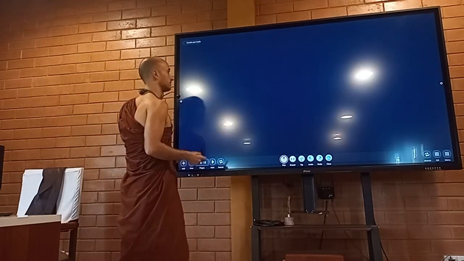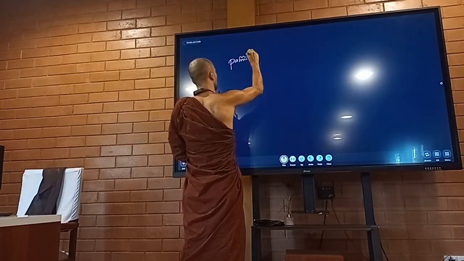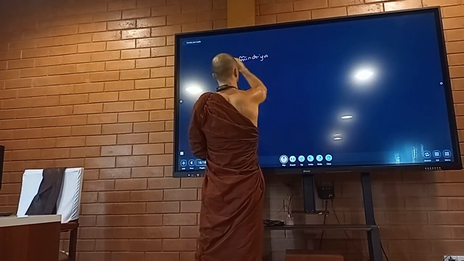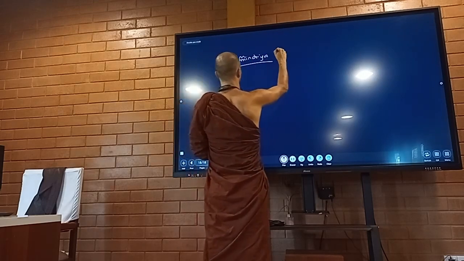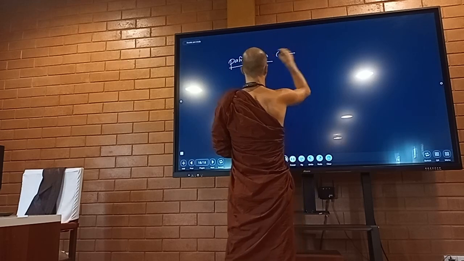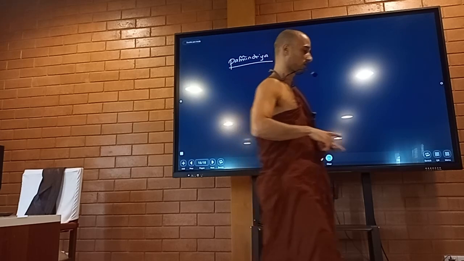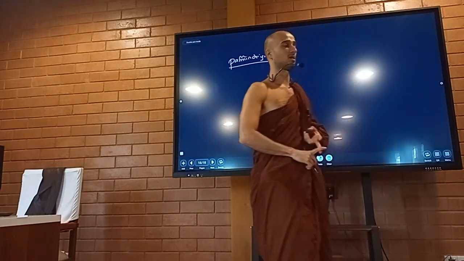Now, the last one, Pannindriya. We have just one cetasika, Pannindriya. Where does Pannindriya arise? In akusala cittas, no Pannindriya. Ahetuka cittas, no Pannindriya.